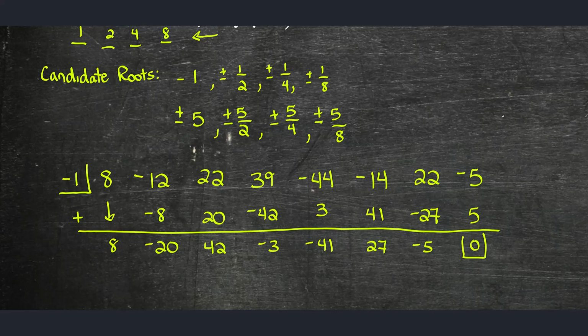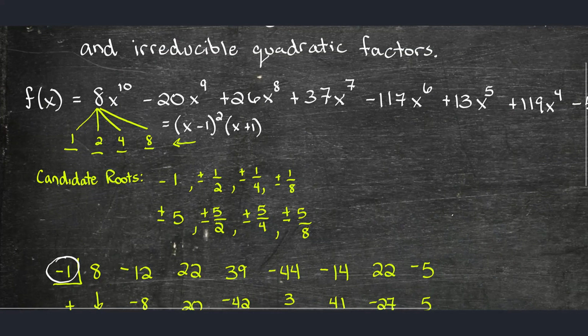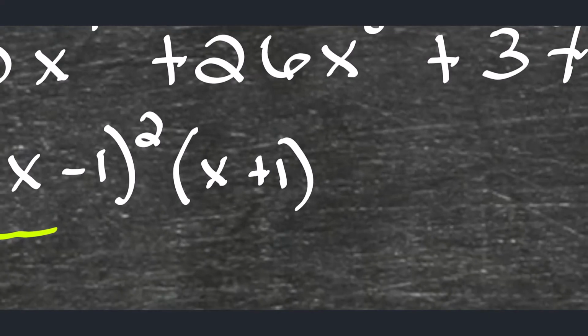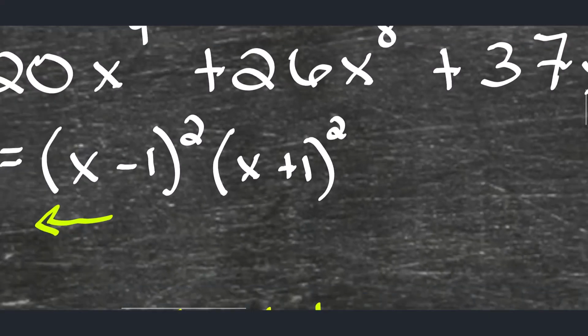And lo and behold, we get that -1 is a root of multiplicity at least 2. Notice I said at least. It's because we may get it to be a 0 again. But while I have it in front of me, I will go ahead and say, since -1 is yet again another 0, then x minus a -1 or plus 1 is yet again a factor.